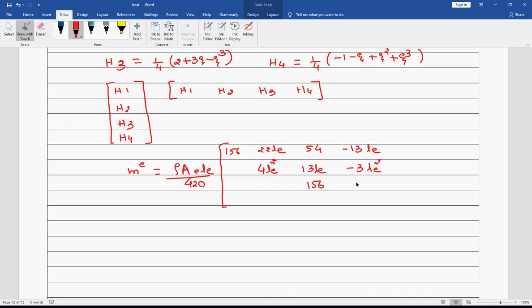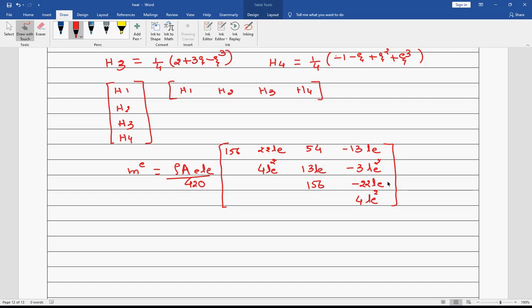Then this will be 156, yes, and minus 22. I need to verify these values. Okay, don't write this right now. I'll check whether this result is minus 22 or not. And this is 4 LE square, and of course it is diagonally symmetric. So therefore all these values will come like this.